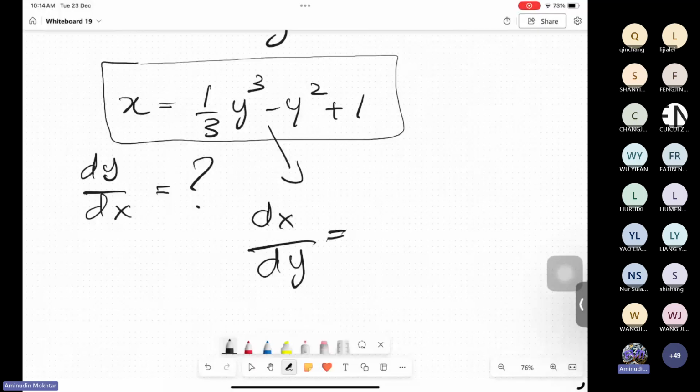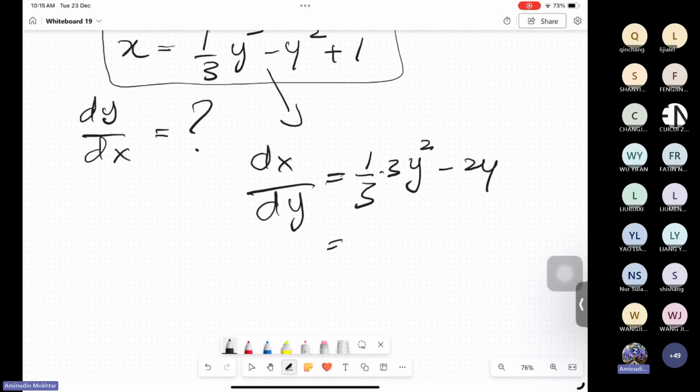Based on the rule of differentiation, dx/dy equals 1/3 times 3 y to the power of 3 minus 1, which is 2, and then minus 2y plus 0. So the answer is y squared minus 2y. This is dx/dy.